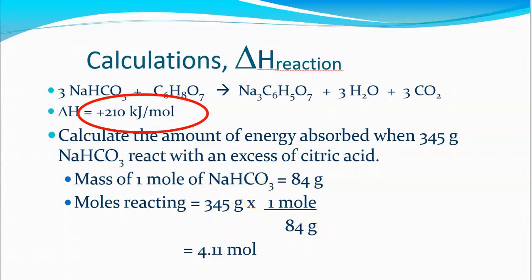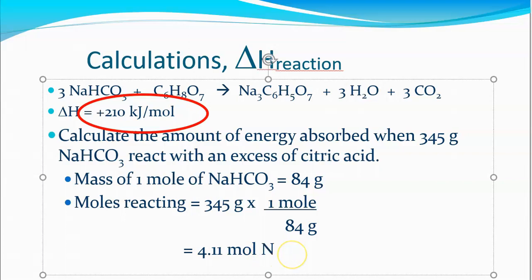Grams cancel grams, of course. We get 4.11 moles of sodium hydrogen carbonate. So now I can use this to work with my number in kilojoules per mole reaction.